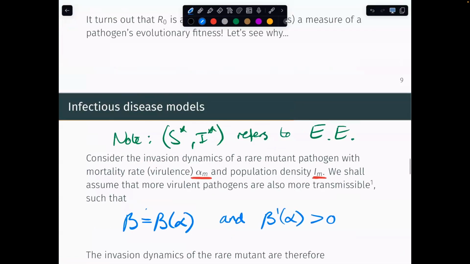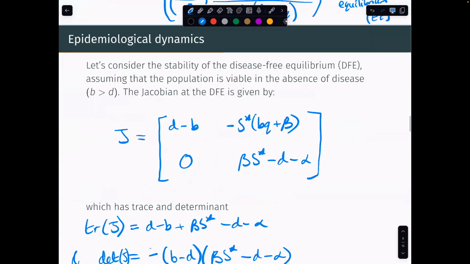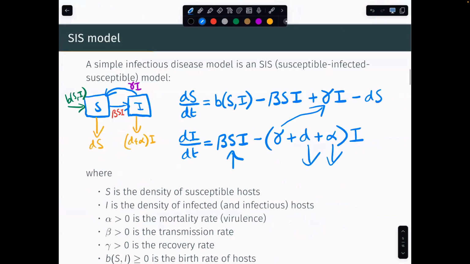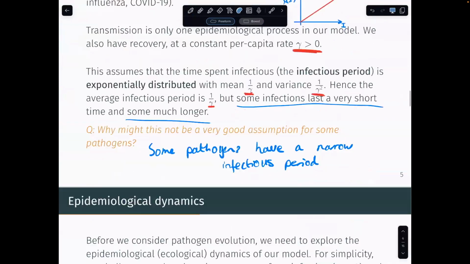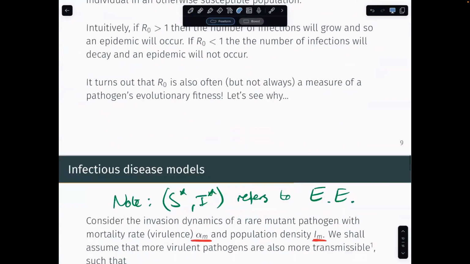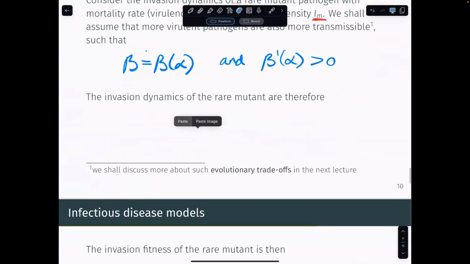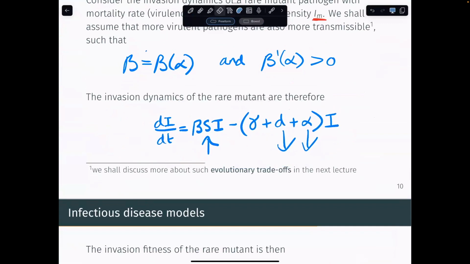Okay, so based on our earlier equations, if we go all the way back up to the beginning, this is my dI/dt here. We now need to think about what the invasion dynamics are for this rare mutant. They look very similar initially to our resident population, but now we're going to have our mutant, I_M. So the I's get replaced with I_Ms.